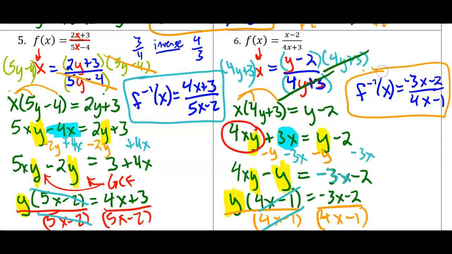All right, if you did this yourself and you didn't get something exactly the same, make sure it's just not the order, because this would also be a valid answer. You could also get 3x plus 2 over negative 4x plus 1. Essentially, notice that all that's doing is moving the negative from the top to the bottom, which switches all your signs.